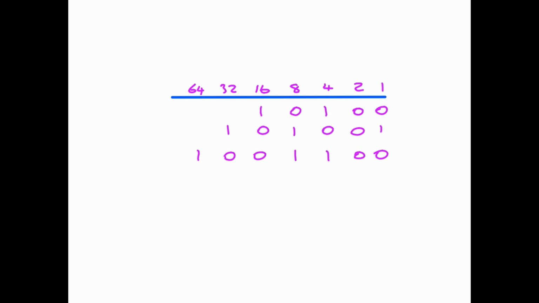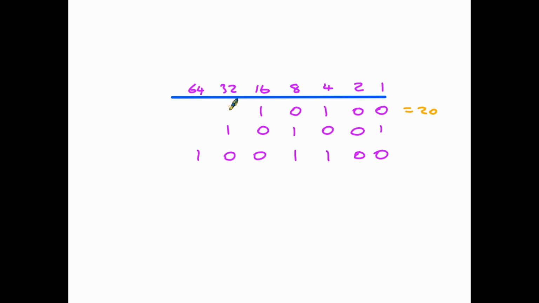Here we're taking a look at some larger binary numbers, and let's see if we can figure out what those numbers are. I've put the columns along the top, although you don't need to, just the same as you might not do in normal numbers. So this first number, 10100, it is a 16 and a 4. So 16 and 4, that number is 20.